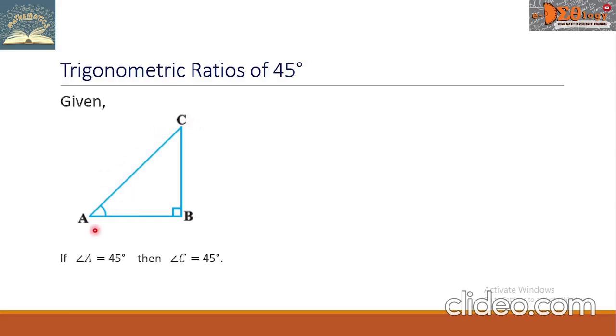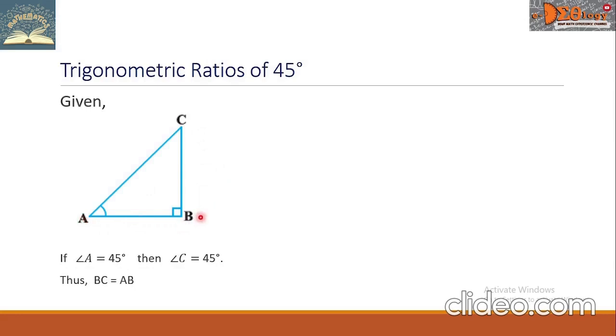Suppose we assign A as 45 degrees. We know that the angle C equals 45 degrees also. So the angles A and C here are equal. It follows that the side BC is equal to the side AB.